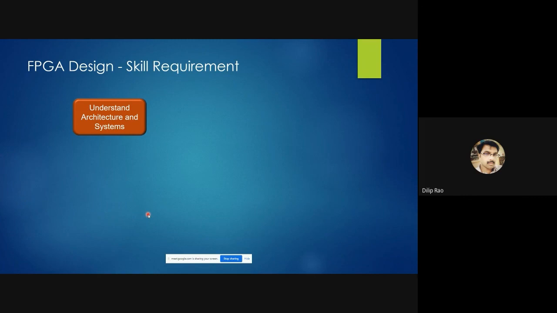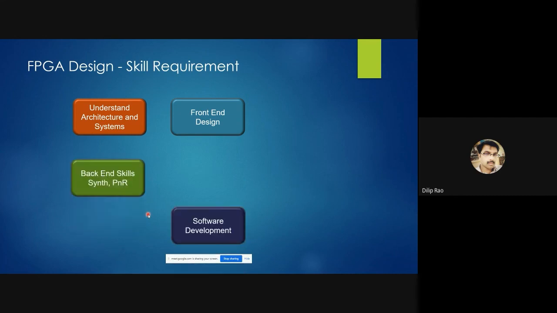You need to build a full system with collaborating components, interconnects, and peripherals. External interfaces also need to work. You need to make a lot of judicious, conscious decisions there. You need to understand the front end design, at least till synthesis, and make sure it's a decent design. The back end skills, synthesis and PNR, I will say, are of lower weightage because that's mostly handled by the tool.